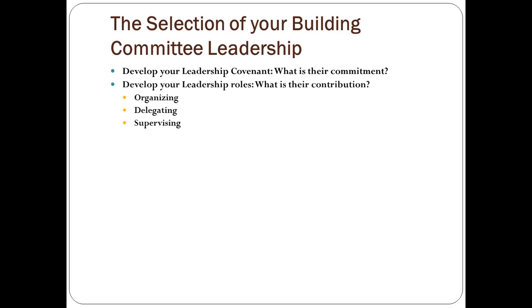And then develop your leadership roles. What is their contribution? They're going to be organizing, delegating, and supervising other people. They need to know this up front. Make it understood so they can agree to follow and to do what they're supposed to do.